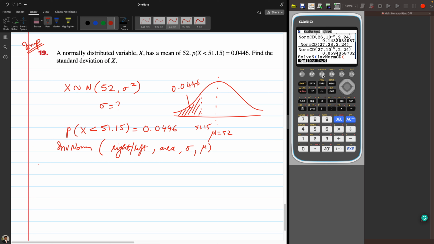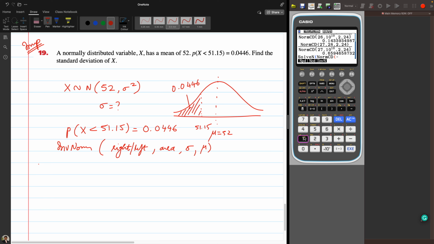By default I think it takes the left tail, I'm not sure. Just take normal and put x instead of the standard deviation, and then you can equate it to 0.0446. That's a better idea. So NCD lower.